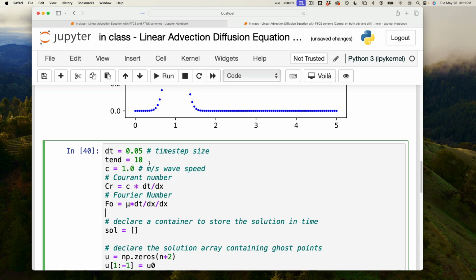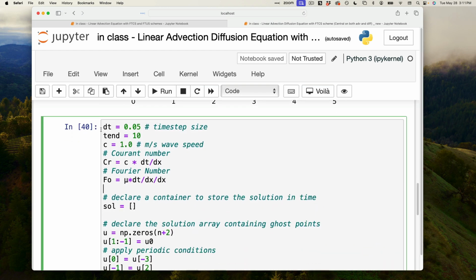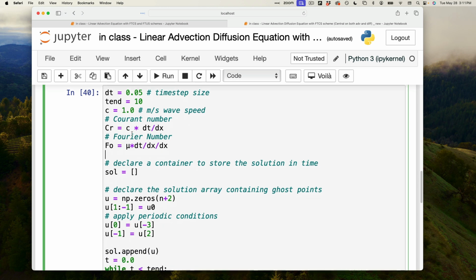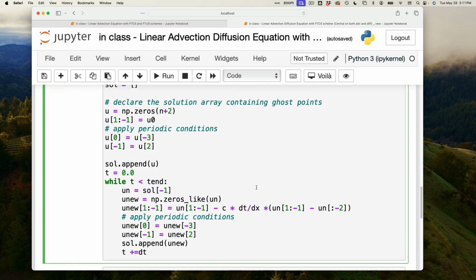Okay? Nothing has changed here. Wave speed, 1 meter per second. Everything is the same. Nothing changed, except here. So now I have the Courant number over 2, multiplying the centered scheme on advection, plus the Fourier number times the diffusion stencil.